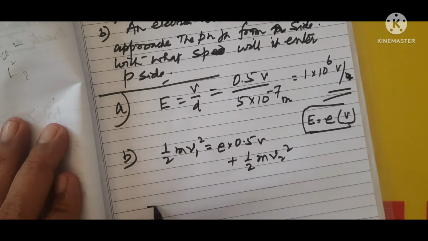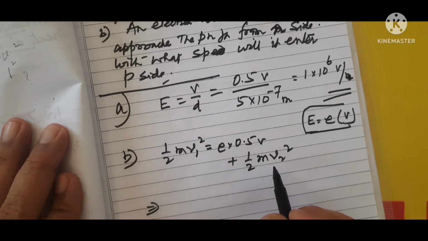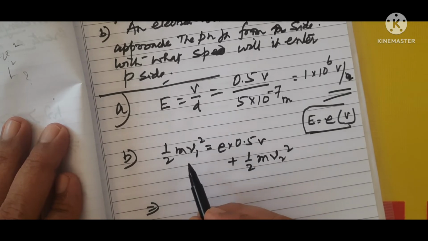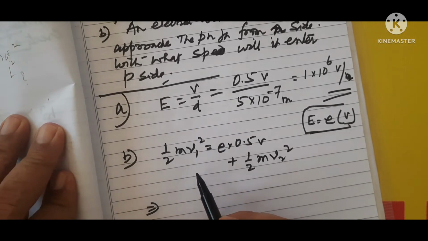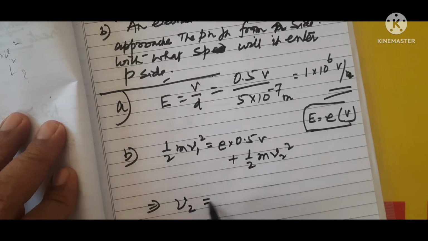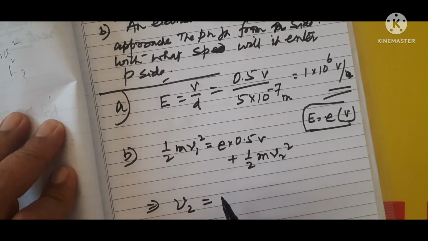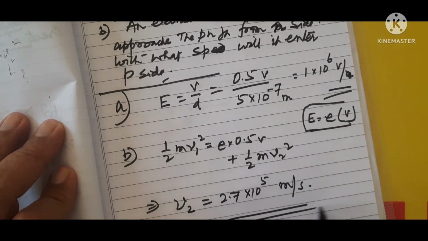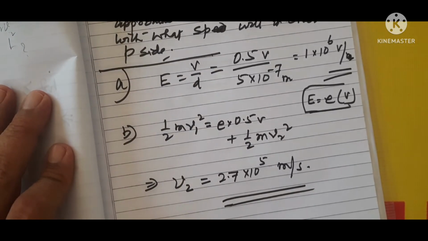If you put the value, m is the mass of the electron, that is 9.1 into 10 to the power minus 31 kg, you will get v2 is equal to, I am using the calculator, 2.7 into 10 to the power 5 meter per second. That should be your answer.